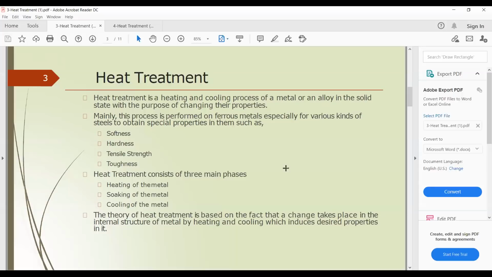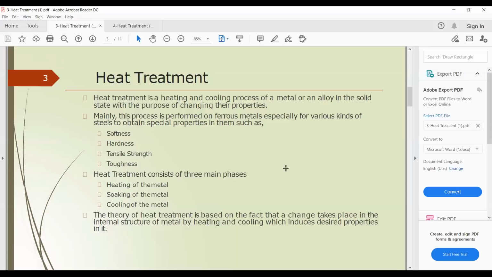So it can be softness, hardness, wear resistance, like tensile strength or stress, welding ability, machining ability. So these are the physical properties. To change that particular property, you can go for this treatment, right?